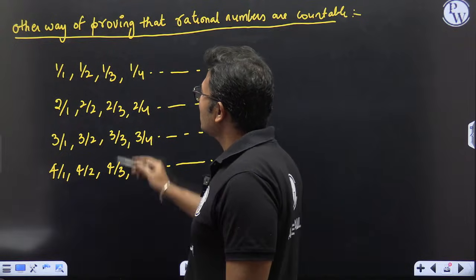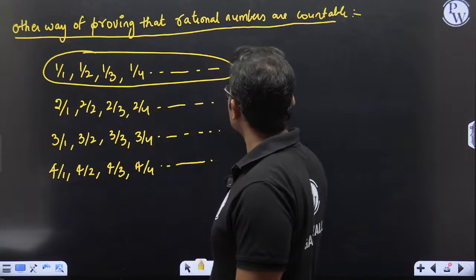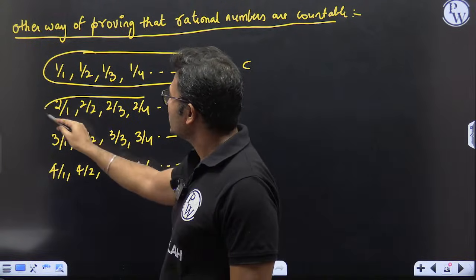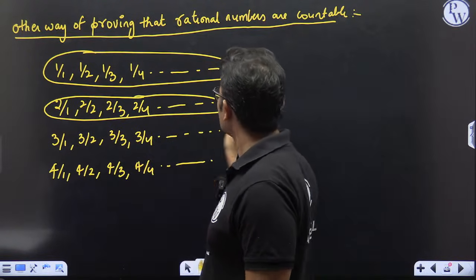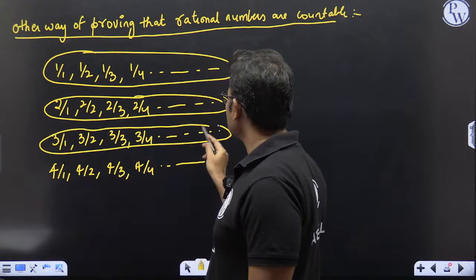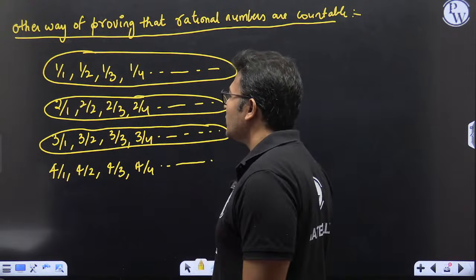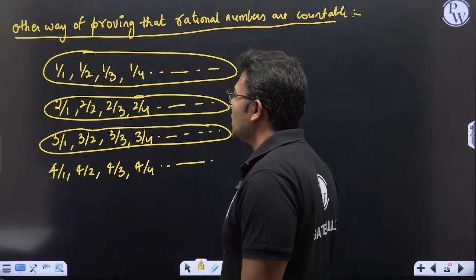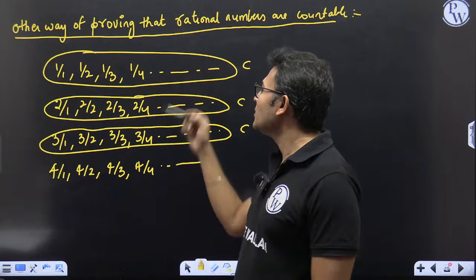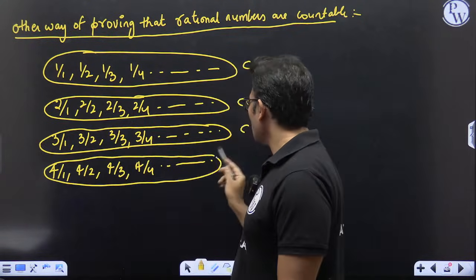Each row is countable, because in the denominator I can keep on adding 1, which is the enumeration method.